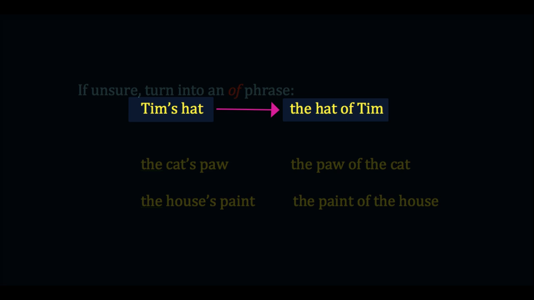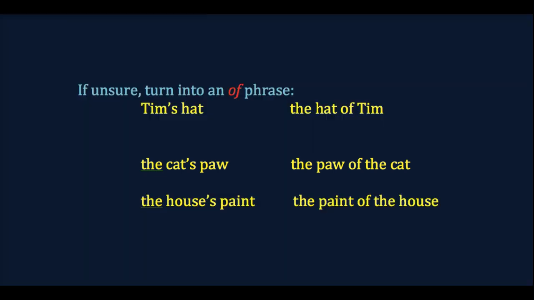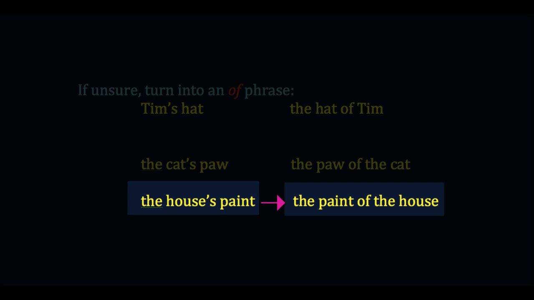What am I saying there? The hat of Tim? Yeah, that's it. Therefore, possession, therefore the apostrophe S. The cat's paw, well, that's the same as the paw of the cat, therefore the apostrophe. And the house's paint is really the paint of the house. So if that's what you're saying, then you want the apostrophe. Possession, ownership is going on.